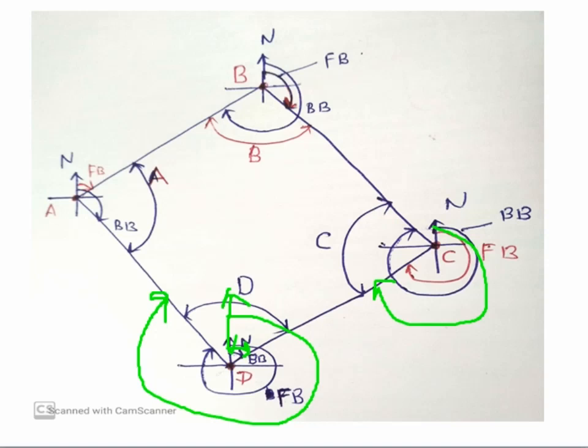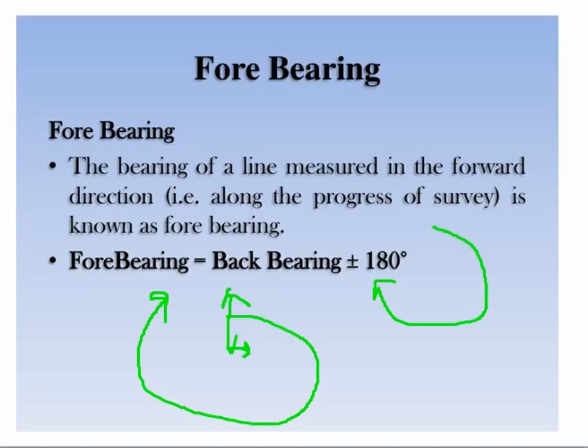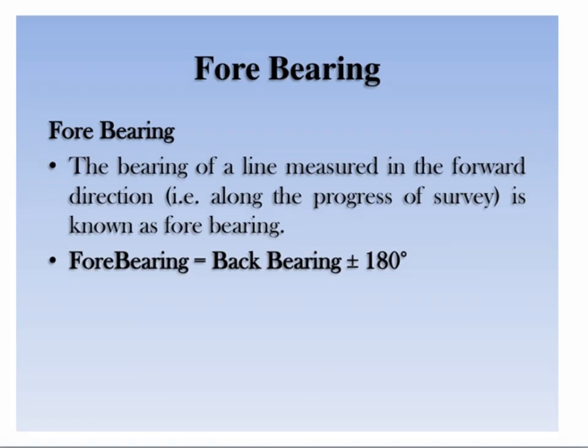Remember that the difference between forward bearing and back bearing is exactly 180 degrees. So the rule is, forward bearing is equal to back bearing plus or minus 180 degrees. It means when the forward bearing is given, you can calculate the back bearing by adding or subtracting 180 degrees. So when do you add and when do you subtract?